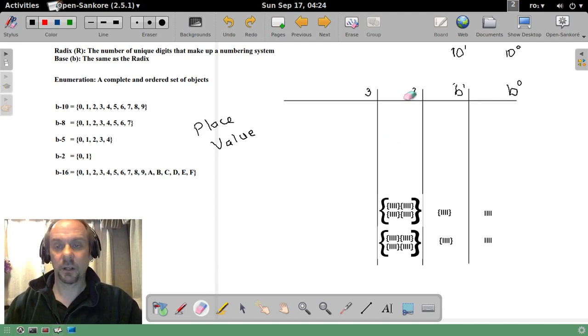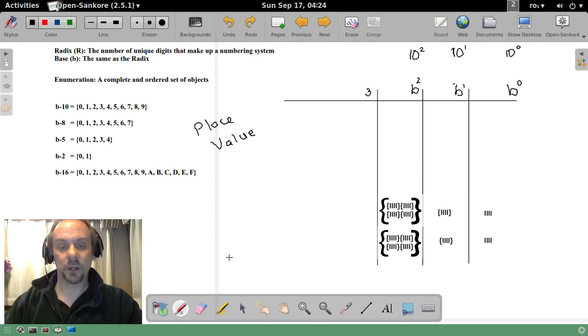Here, our place value is the base raised to the power of 2, because we're working with sets of sets, or tens of tens, which are hundreds, or 10 to the second.